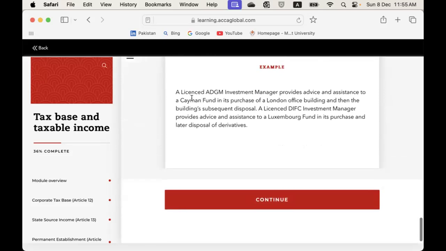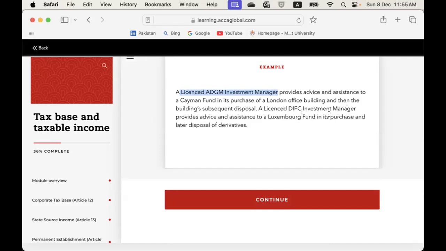Example: a licensed ADGM investment manager provides advice and assistance to a Cayman fund in its purchase of a London office building. So what are we talking about? An ADGM, Abu Dhabi Global Market, investment manager provides advice and assistance to a Cayman fund in the purchase of a London office building, and then the building's subsequent disposal.